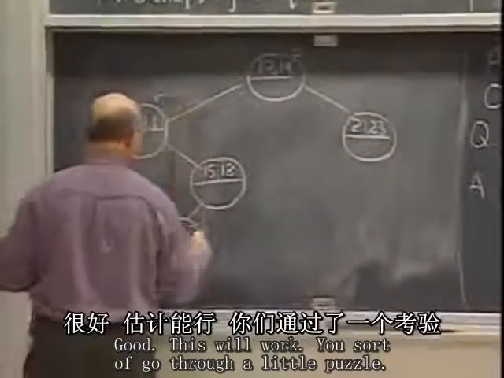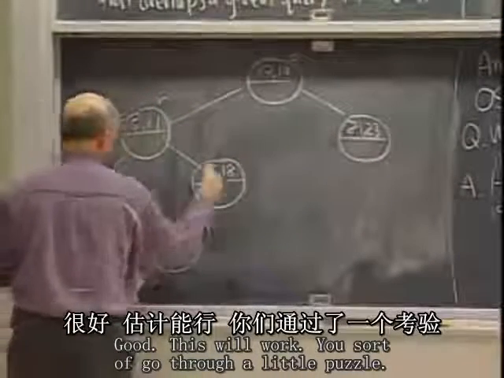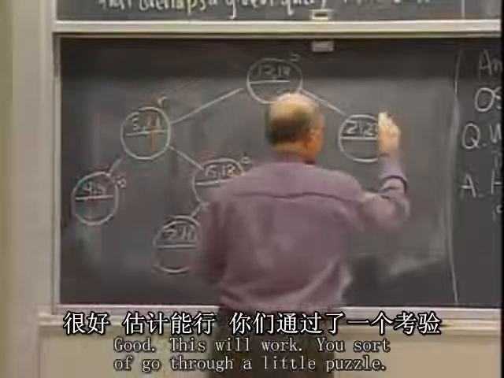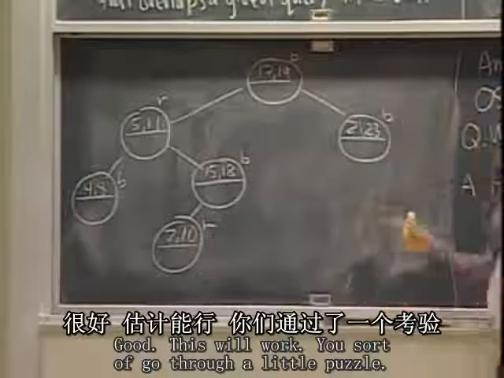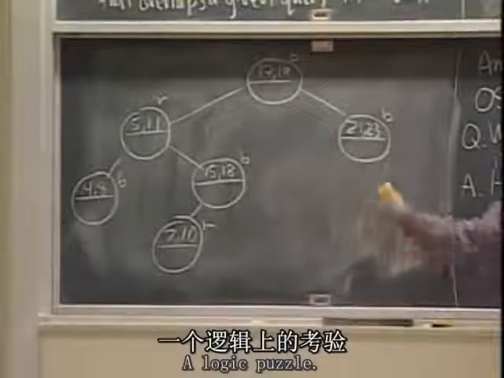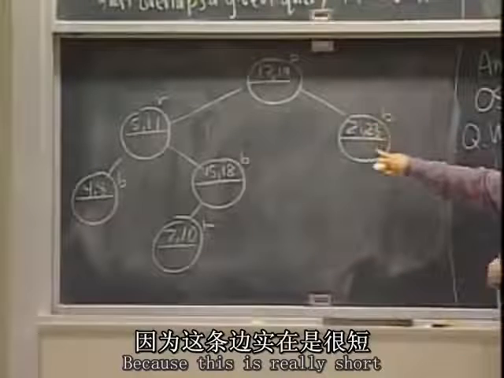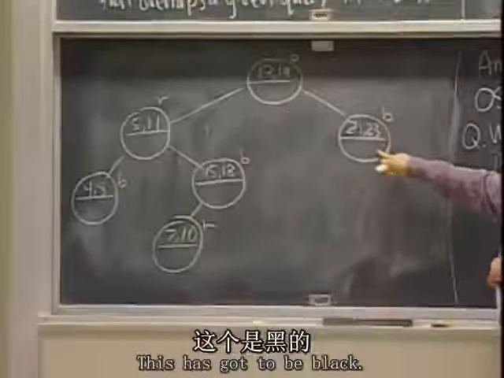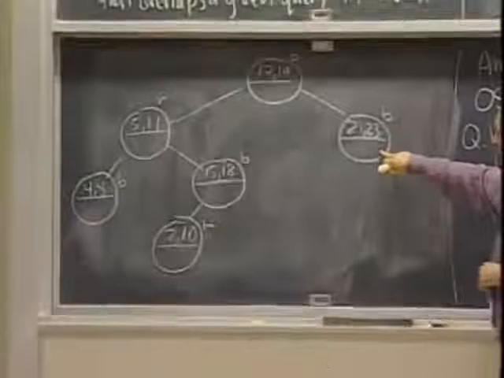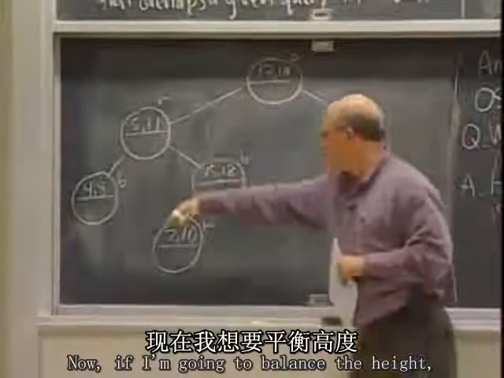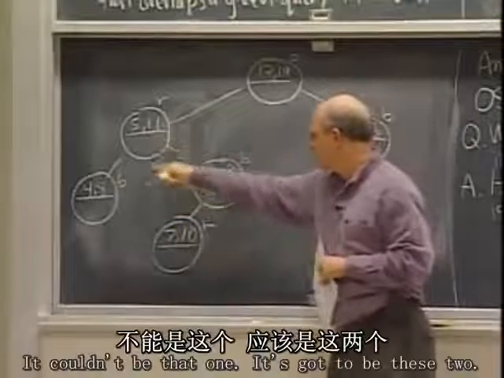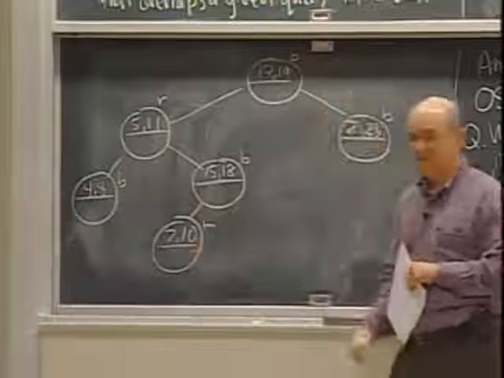Good. So this will work. It's a little logic puzzle. Because this is really short, it better not have any reds in it, so this has got to be black. Now if I'm going to balance the height, I've got to have a layer of black here. It couldn't be that one. It's got to be these two.